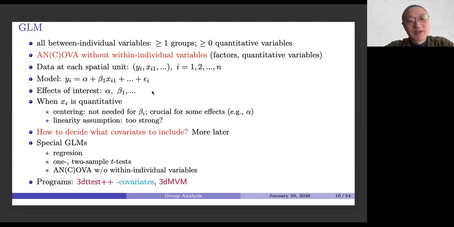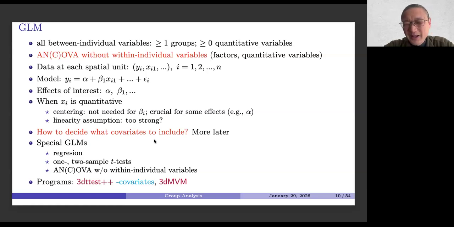The model we can treat as a regression at the group level. Whenever we have a quantitative variable, we have to be careful. There's a centering issue that we need to take care of, which we will talk about a little bit later on. Another issue, whenever we have a quantitative variable, especially a covariate, a variable we are not interested in, is how to decide what covariates we should include. This is also related to the experimental design, because there are quite many quantitative variables. For example, age: do you need to include that?